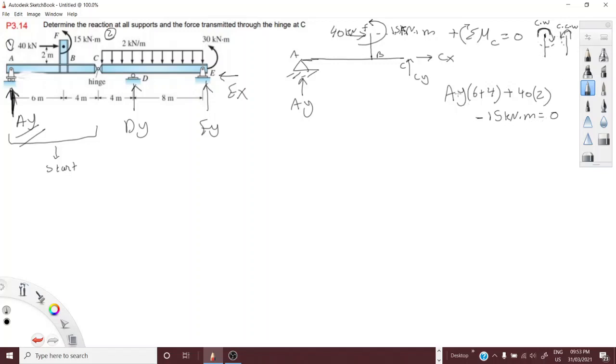So AY will be equal to 49 by 2 minus 15, 65 over 10, which is AY will result as negative 6.5 kilonewton.